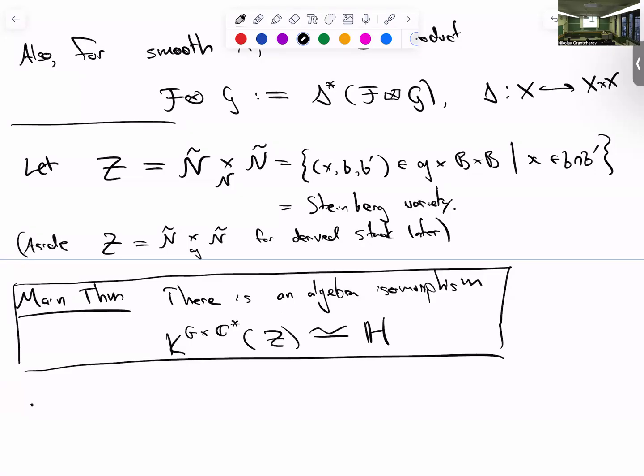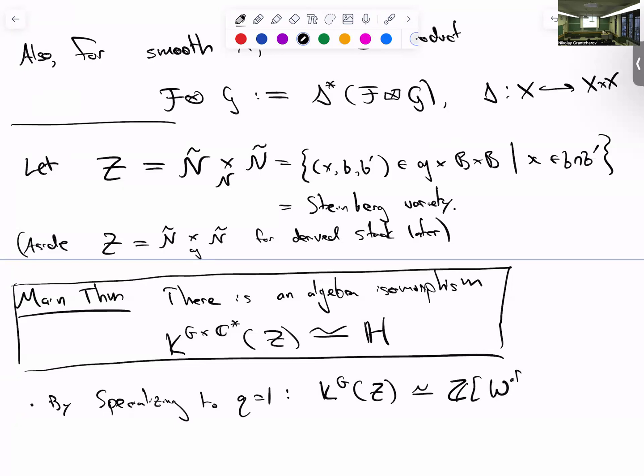Just as an aside, specializing to q equals 1, which in K theory gets rid of the C star action, we just get an isomorphism: the G-equivariant K theory of Steinberg is the group algebra of the affine Weyl group.